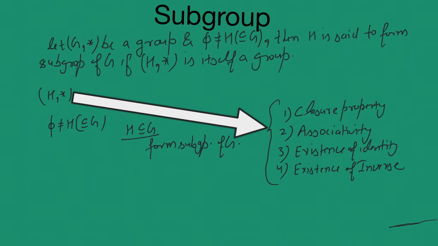So the example we are taking is: let G be the set of integers.